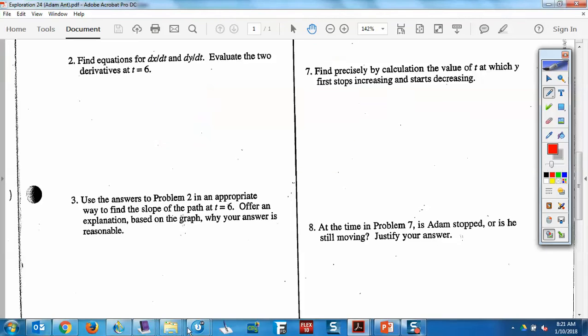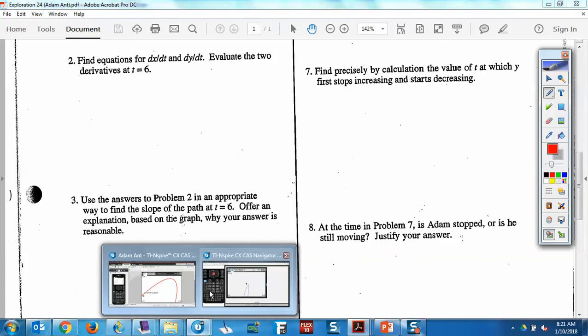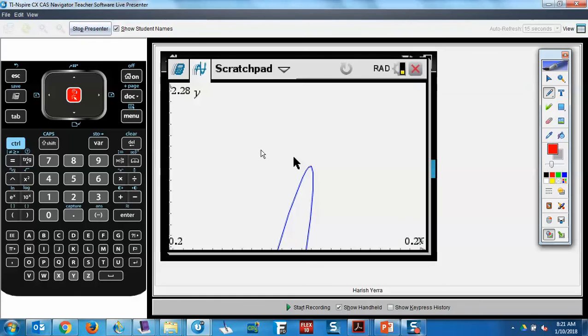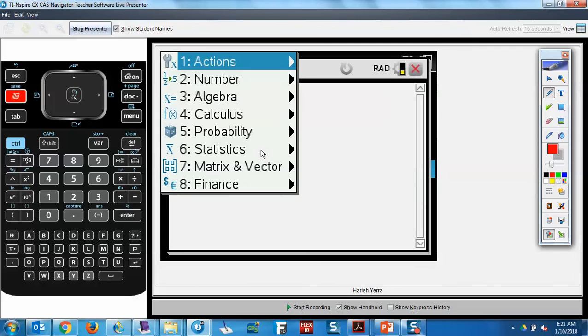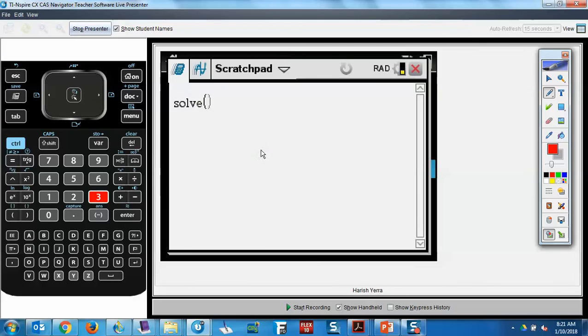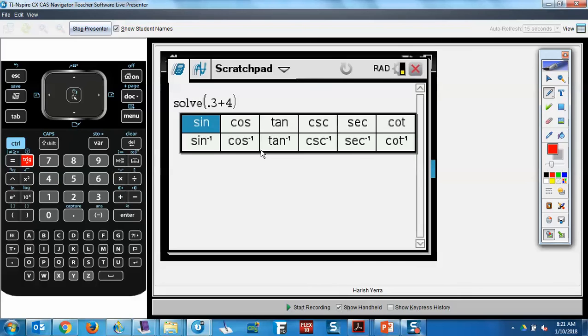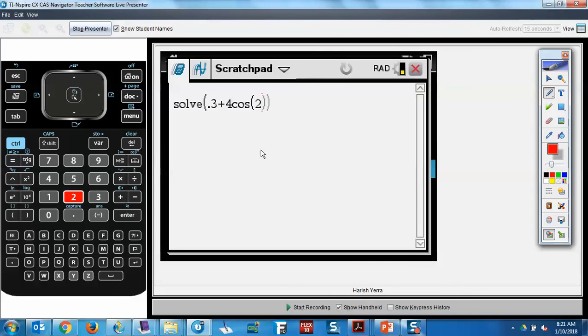Okay, so we're solving. So let's go in, Harish. Let's go in here and look at that. So okay, we got a similar thing here. Now let's go to your calculator screen and do a solve. Okay, so our solve is 0.3, right? Plus, or was it minus? Plus 4 sine cosine 2t equals 0, comma, t.